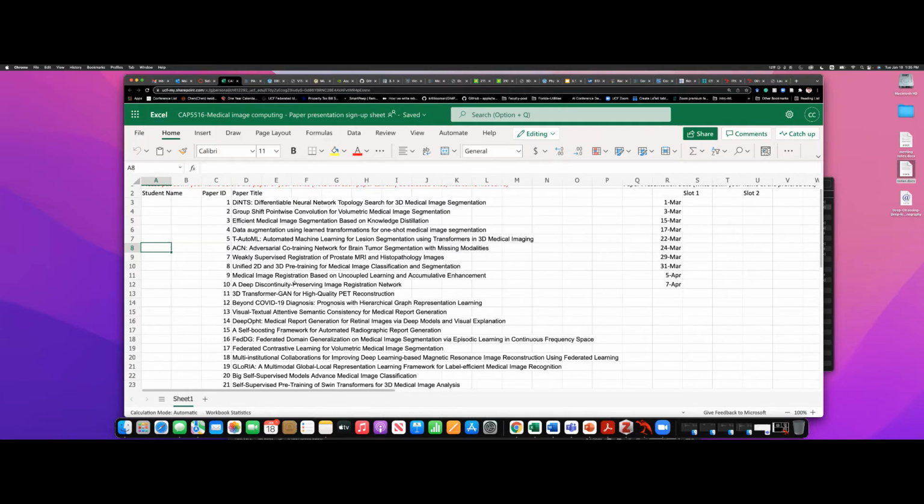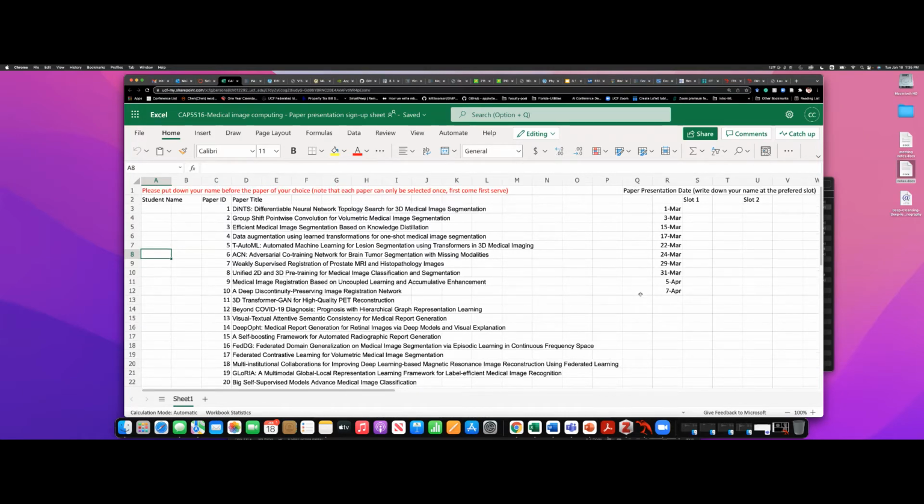Once you figure out which one you want to present, here is the presentation date. We have a total of 19 students, so I'm going to have 10 classes for the presentations. Each class will have basically 2 presentations, or 2 talks, maybe 20 minutes each, followed by questions in a Q&A.